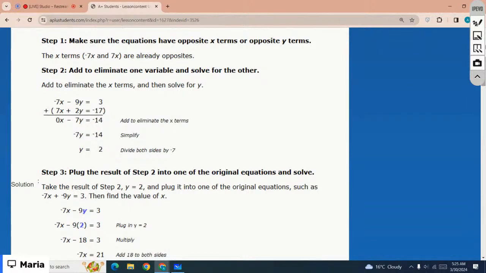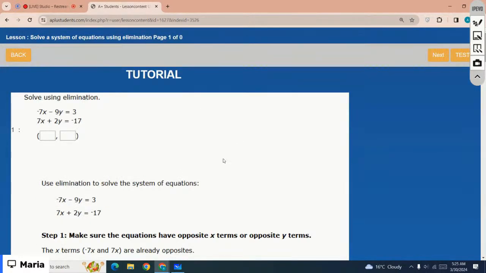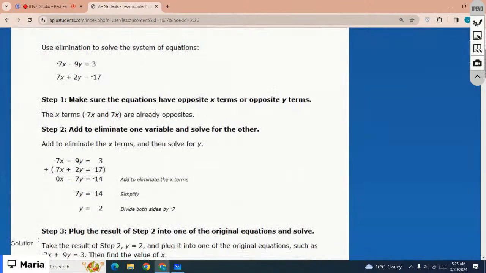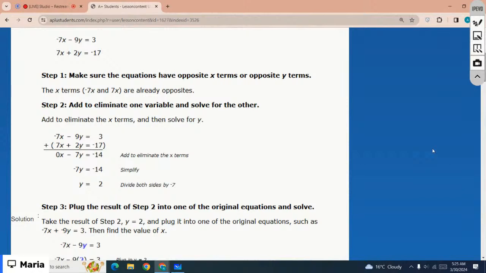For example, here you have opposite x terms, negative 7x and positive 7x. So you can add these to eliminate the x terms, because 7 minus 7 is 0. This is the elimination process. You are left with negative 7y equals negative 14 and y equals 2, right?